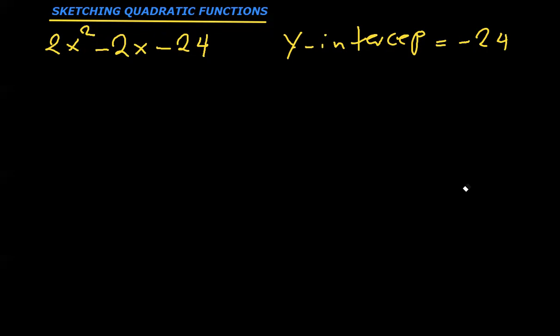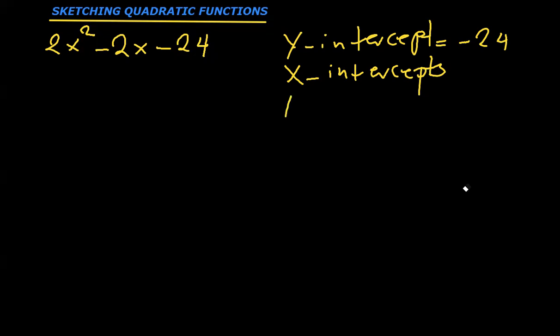Okay. Now, the other thing we need to find is the x-intercepts. So we need the y-intercept and the x-intercepts. Of course, there are 2 x-intercepts. And then you need to get the minimum or the maximum point.